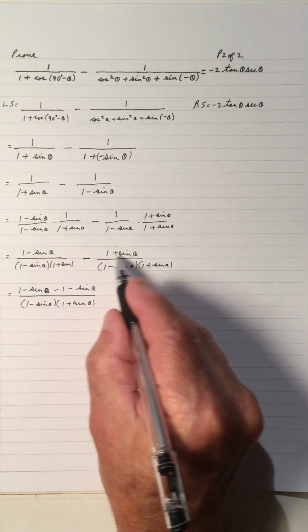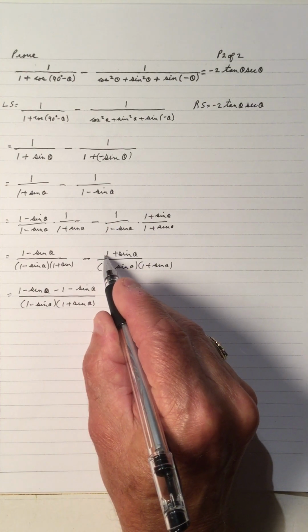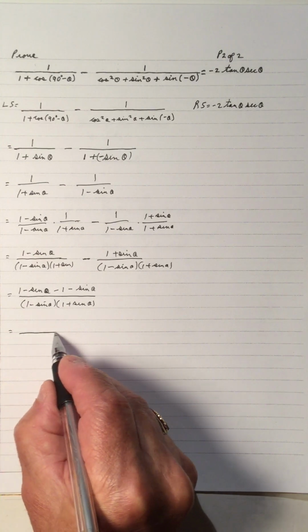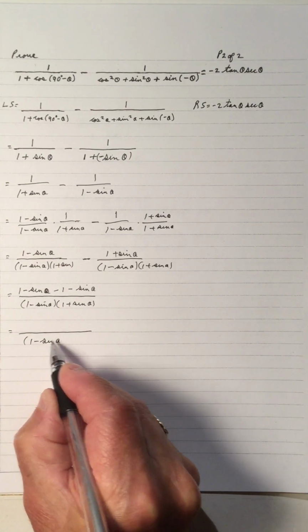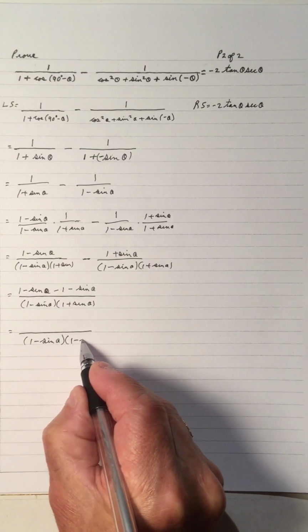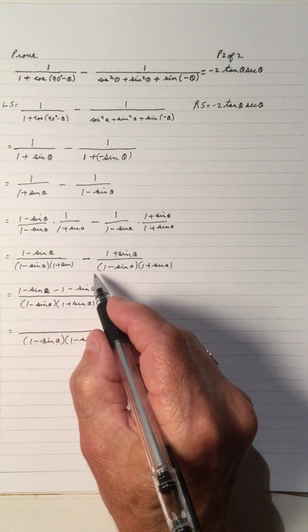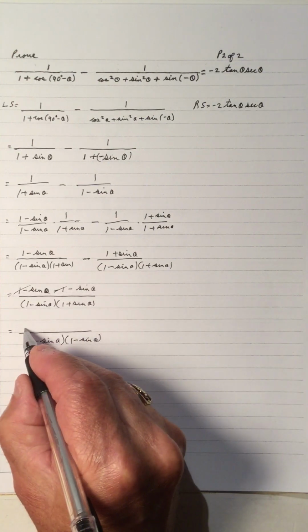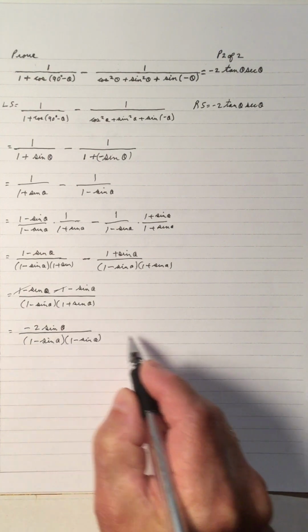When you subtract, you add the opposite, and it's the opposite of the numerator. So that's a plus becomes a minus, that's a plus becomes a minus. There's only one denominator now: 1 minus sine theta, 1 plus sine theta. And 1 minus 1 cancels out, so that gives us negative 2 sine theta.